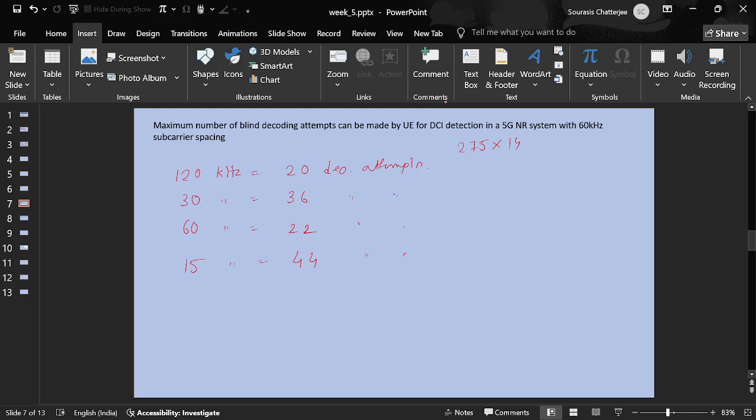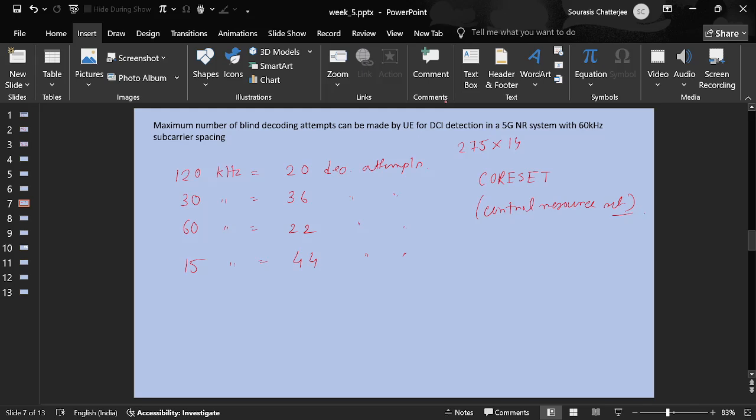It's called CORESET. CORESET stands for control resource set. So they have some fixed places in the time frequency grid corresponding to one slot, right? We'll see about CORESET later in much more detail.